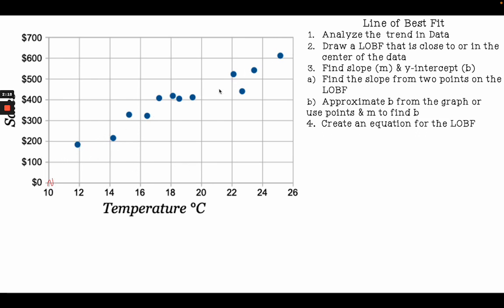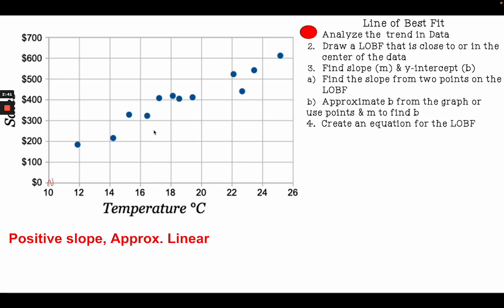And so we have a positive trend in data. The second thing we're looking at is, are there any distinctions in the data? We might be able to say, here's a cluster, here's a cluster, here's a cluster. But because they're kind of spread out, I'm going to say there's no clusters.